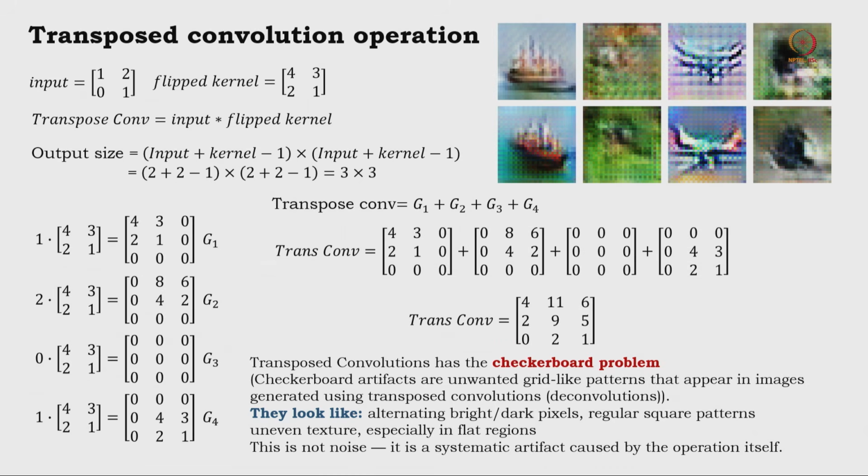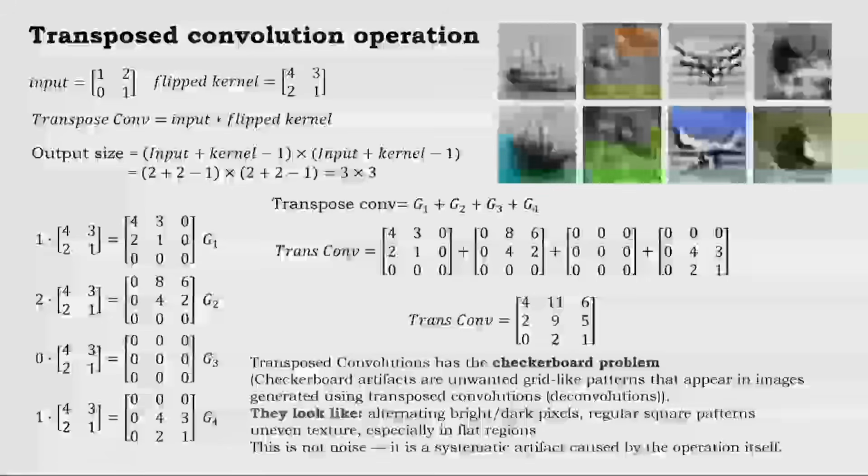Because when you are performing this, the middle elements automatically get added again and again. So middle regions are getting more visibility. Because of this, it is not a noise or an error. The operation itself will add some sort of bias here.